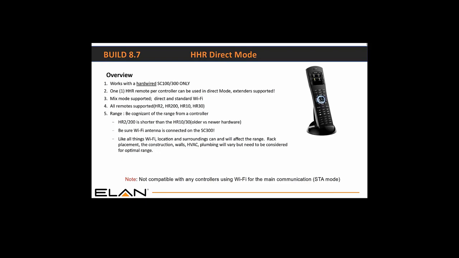Again, range, you've got to be cognizant of it. The HR2s and 200s are, for me, noticeably shorter range than the HR10s and 30s, probably just old versus new hardware. Keep that in mind. If you're connecting to an SC300, always connect the antenna on the back. It's a drastically different range without the antenna.